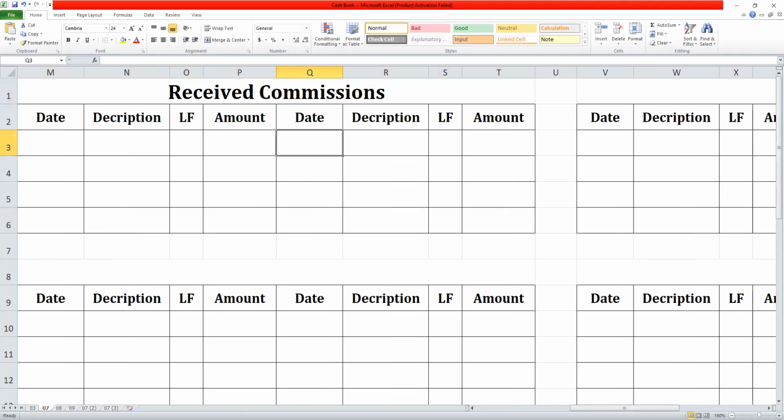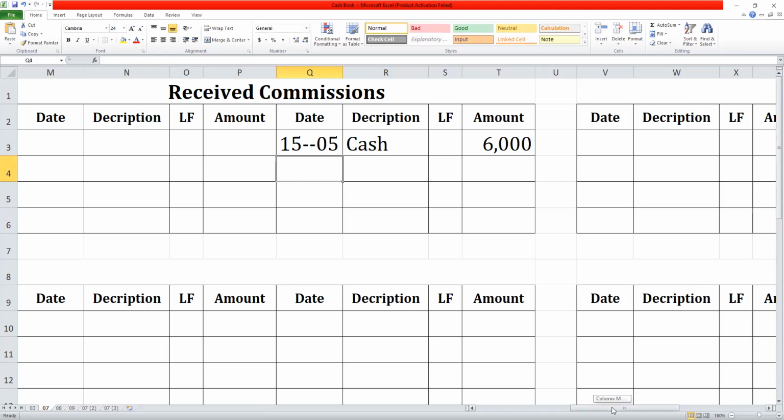The date of the collection of income is 15th of May, and this is collected in cash. Amount 6,000 rupees. Are we clear? This is how you record the other entry of the given transaction.